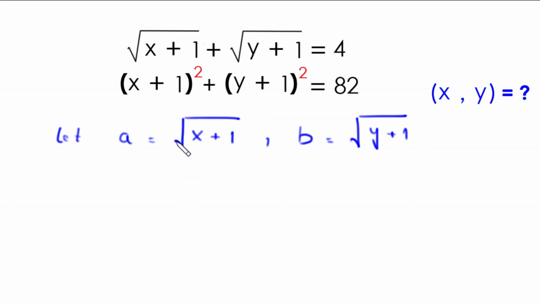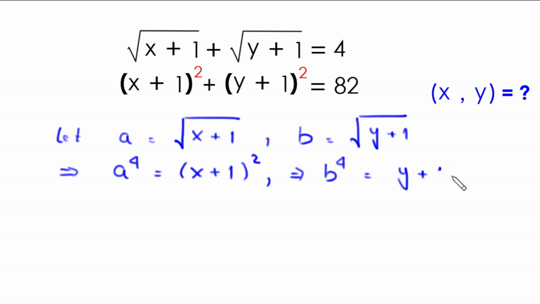If we take power 4 on both sides, this implies that a to the power 4 is equal to x plus 1 whole squared, and b to the power 4 is equal to y plus 1 whole squared.